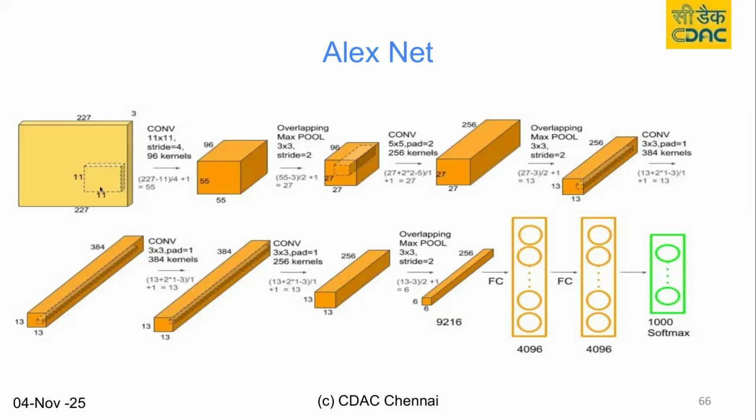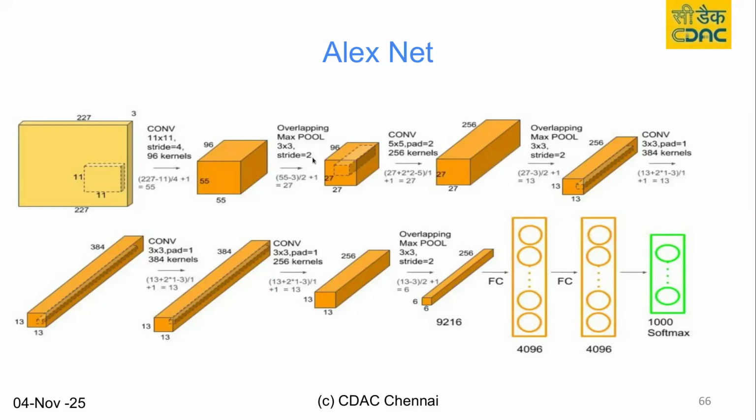Not only one matrix, they have used 96 such 11 cross 11 matrices. So when the 227 cross 227 cross 3 input is convolved with the 11 cross 11 matrices, you get a 55 cross 55 matrix. Since there are 96 such matrices, I got 55 cross 55 cross 96 as my first layer neuron output.